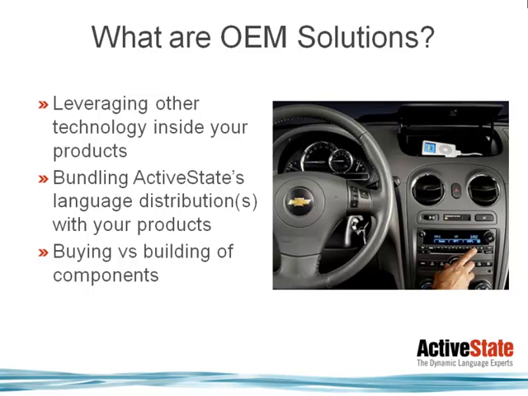So what are OEM solutions? Well, basically they're leveraging other technologies inside your products. This is done in all sorts of industries as well as the high-tech industry. Here's an example where it's the automotive industry, where they're OEMing all sorts of parts in order to give you a better car or to have the car that they need to update on a yearly basis.